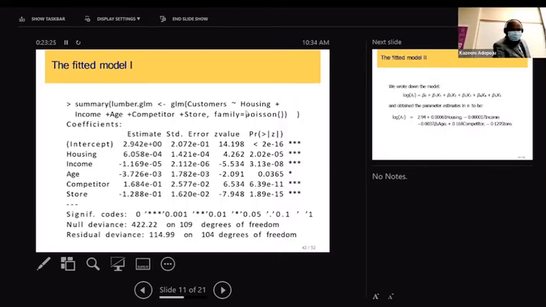You're going to do the same thing, but you're going to say family equal to poisson. I remember when you were dealing with the binary logistic, you said family equal to binomial. But right now, you just write family equal poisson, because the response variable follows a Poisson distribution, which we've already demonstrated.